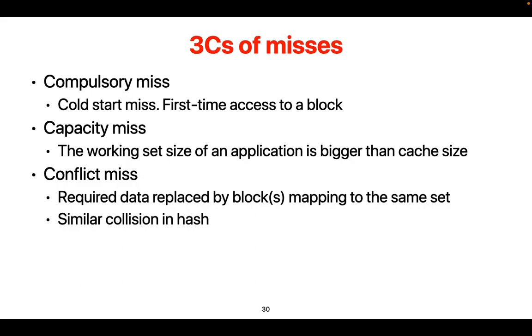Aaron, by any chance do you know what a coherence miss is? No. Have you ever heard of a coherence miss before? No. Right? This is an example of a compulsory miss. How can the cache ever know something before the memory access is even triggered?